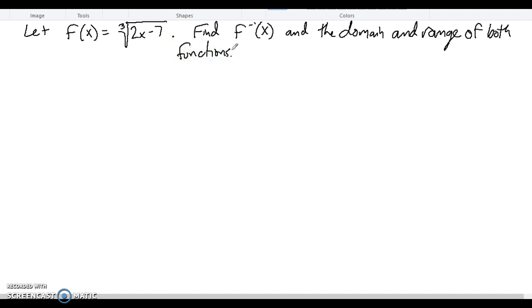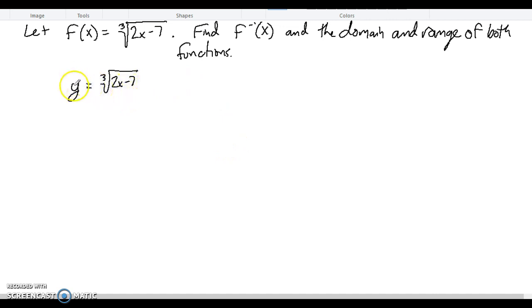So let's start by finding f inverse. Well, remember, function notation. F of x is just a really fancy way to say y. So what we really have here is y equals the cube root of 2x minus 7. And I want f inverse to go backwards.